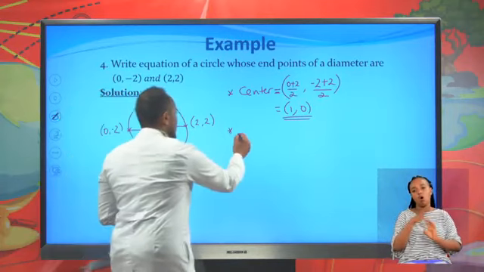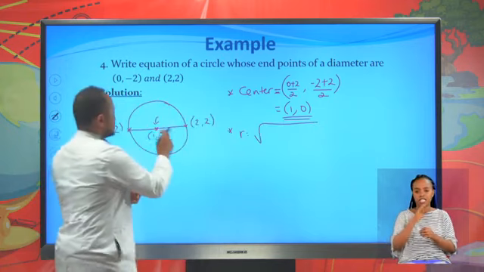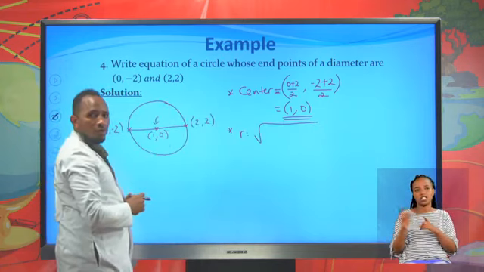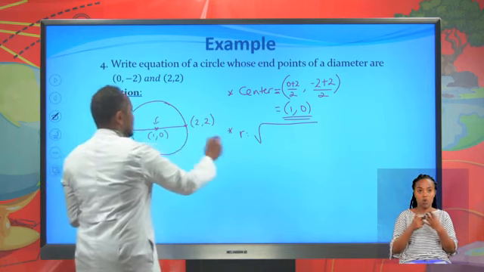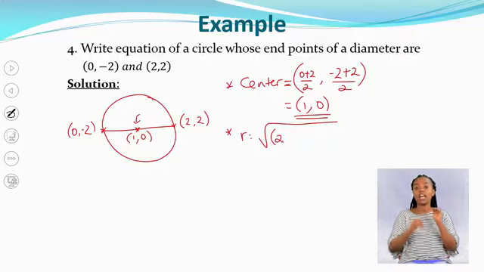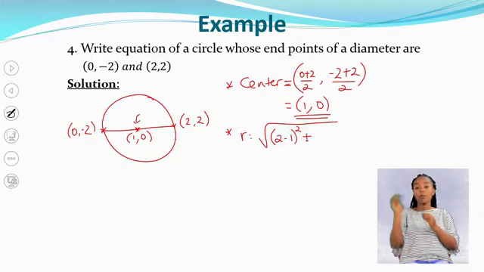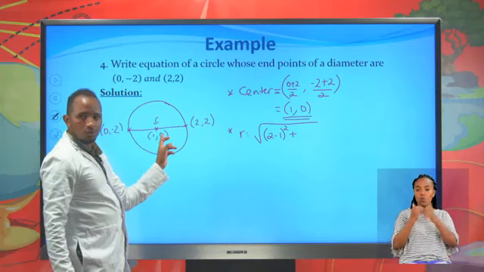So the radius will be the square root of the distance between the center and one of the endpoints. Here you have the square root of 2 minus 1 squared plus 2 minus 0 squared.